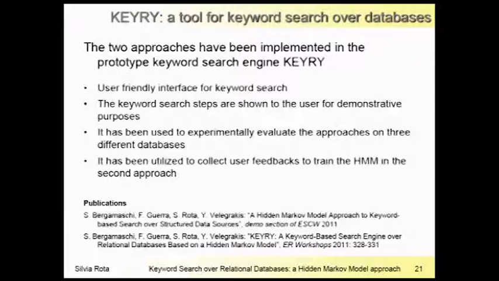All the steps of the keyword search process are shown to the users, because this tool has a demonstrative purpose. Also, this tool has been used to evaluate the performance of the approaches on different databases, and we have also tried the effect of different levels of user feedback on the system.